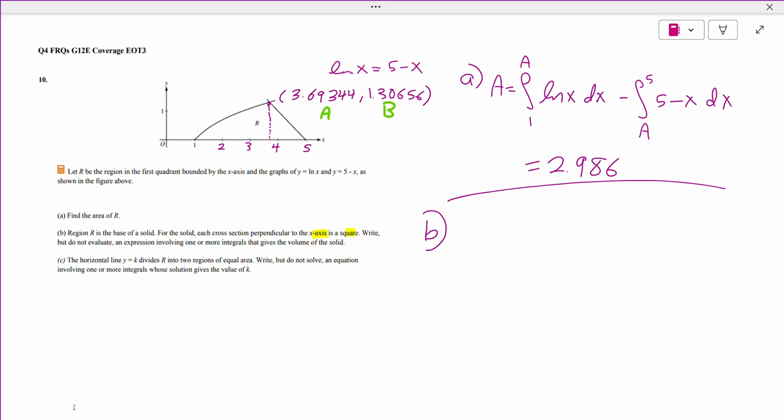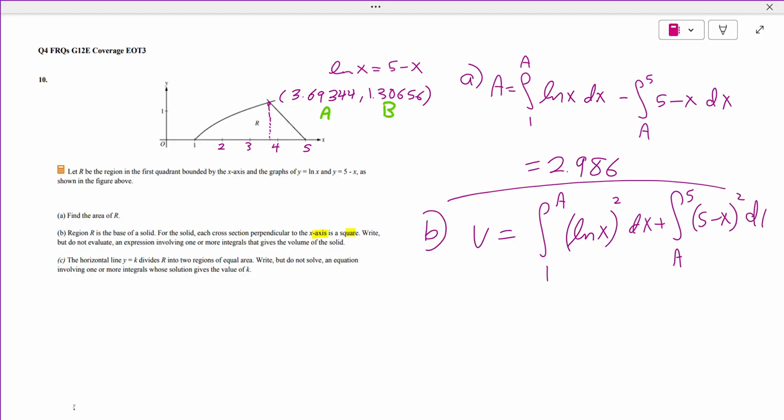So, the volume is given by the integral, we can go from 1 to A of the first function, which is ln of x squared dx, plus, now you go from A to 5 of 5 minus x squared dx.